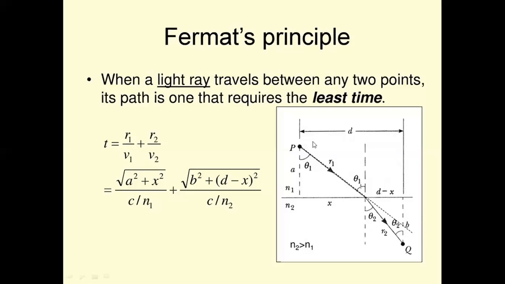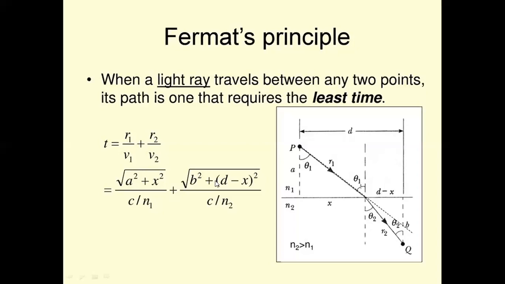The total time taken for the light ray going from P to Q has two parts: the time from P to the incident point and then from the incident point to Q. So the total time T is equal to r1 by v1 plus r2 by v2.